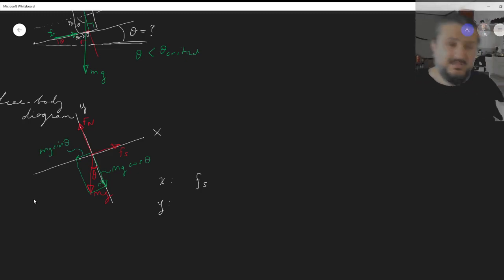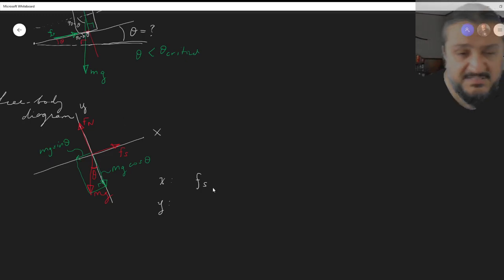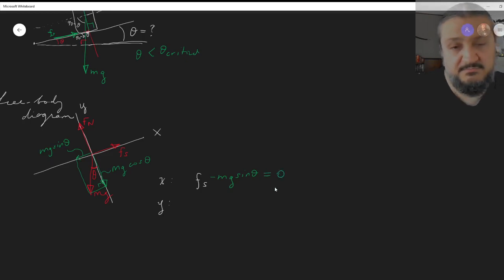I mean, they're pointing in the negative y and negative x axis, which I'm going to take into account. But the lengths of those sides are mg cosine theta and mg sine theta. So in this equation for x, Fs minus, because it's pointing in the negative x direction, minus mg sine theta, and that's equal to 0.